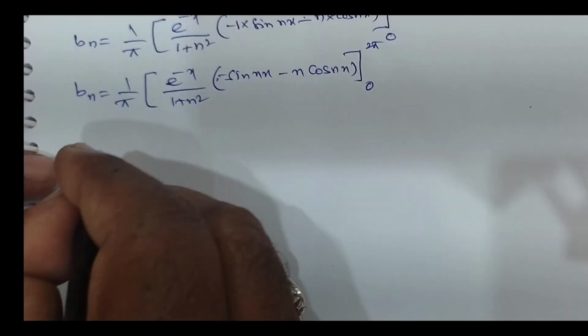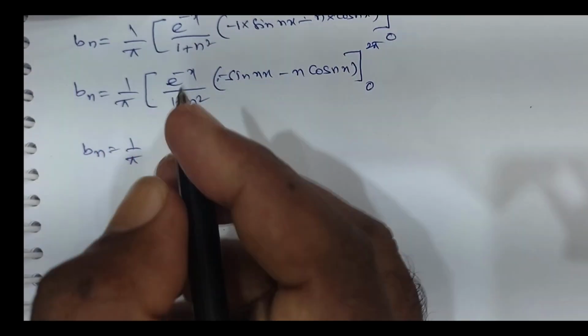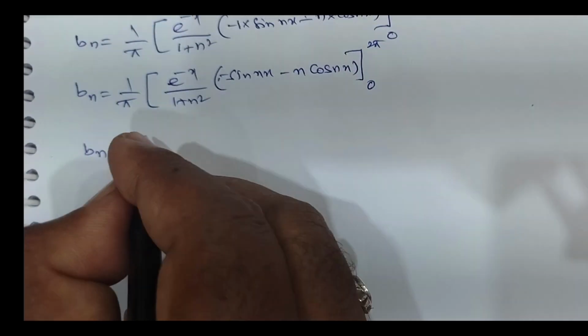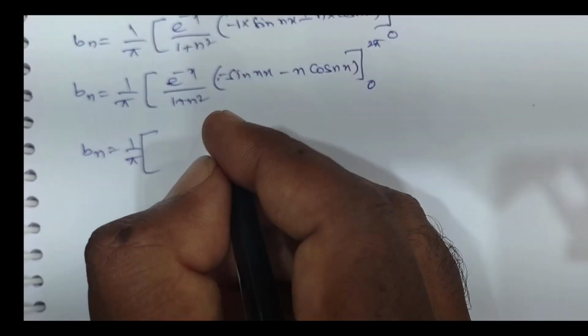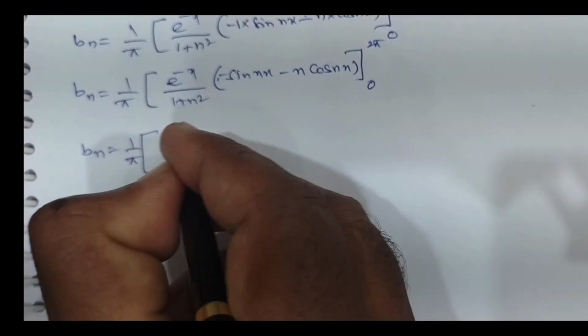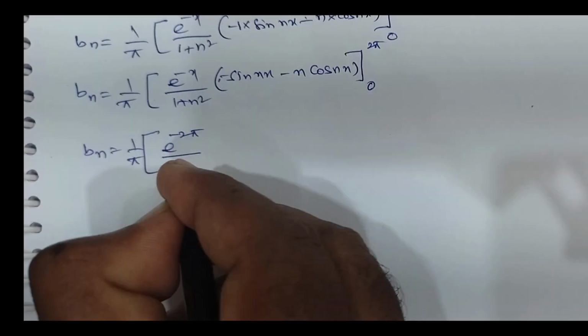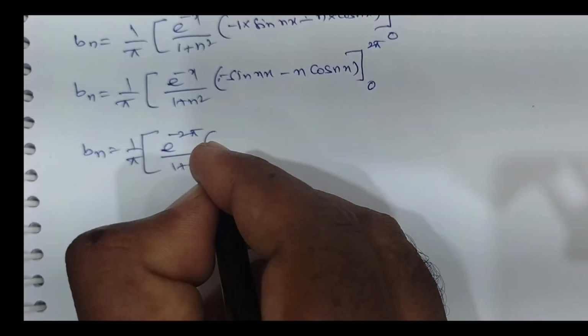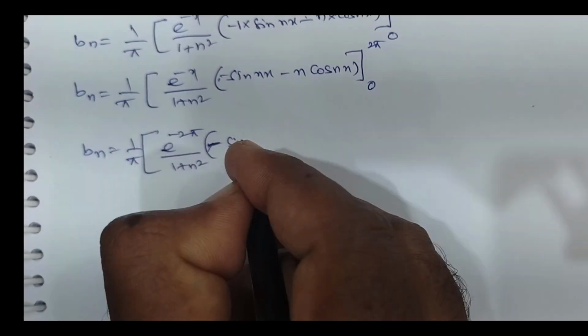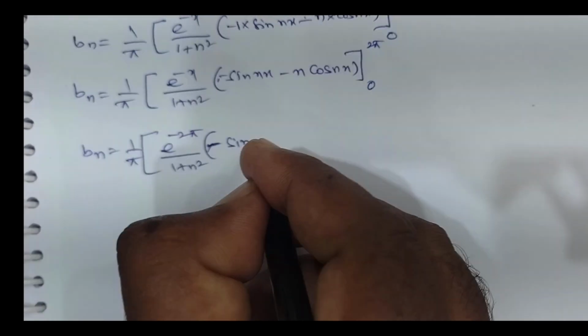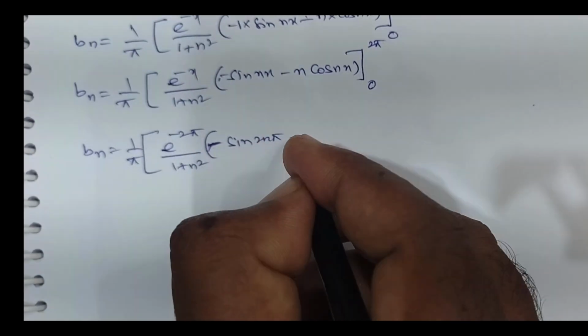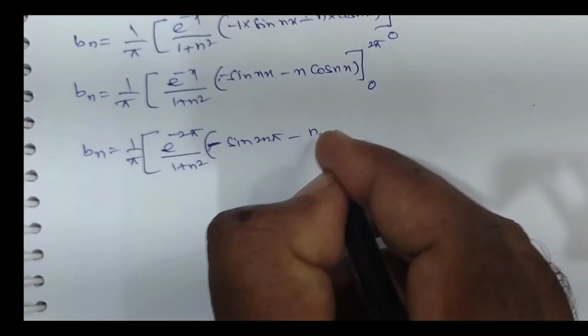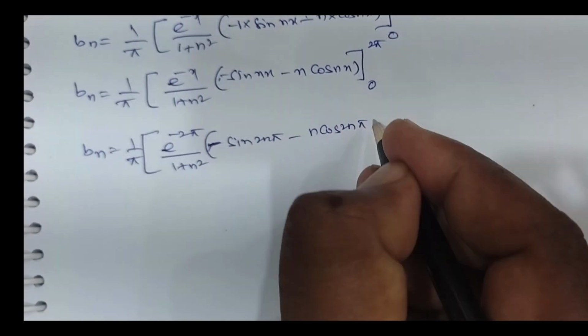So next, bn is equal to 1 by pi into, apply the limits in the equation. e power minus 2 pi by 1 plus n square into minus sin 2n pi minus n into cos 2n pi.